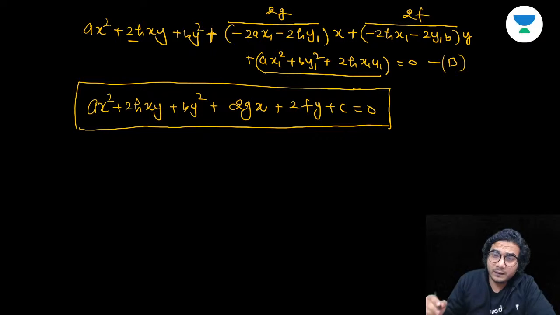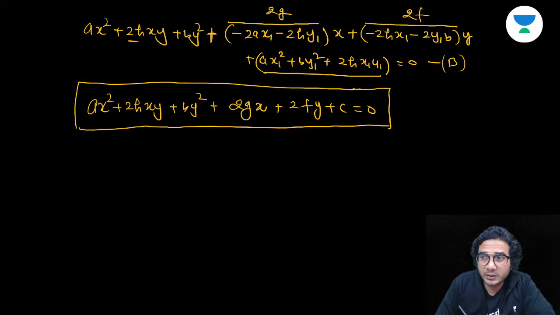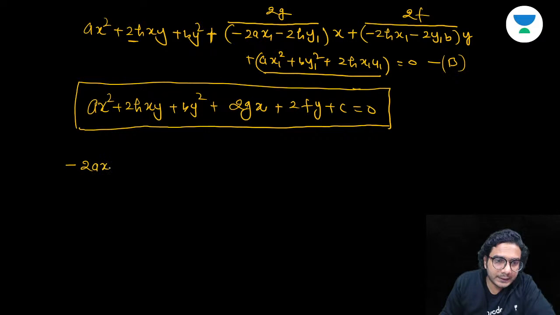First of all, let's see what the point of intersection is, because in the 2-degree homogeneous equation we know the point of intersection is the origin, but in this case, what will it be? Can you compare what was 2g? Minus 2ax1 minus 2hy1. This was taken as 2g.